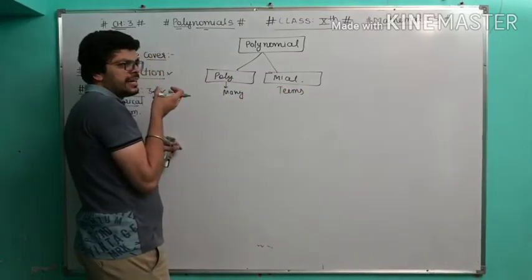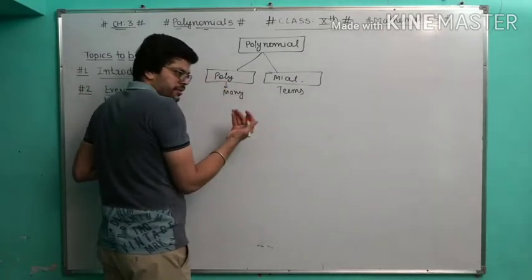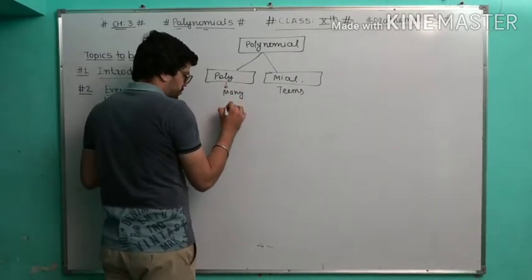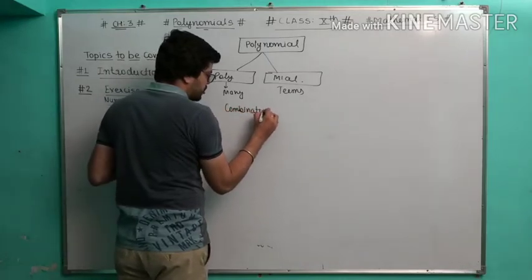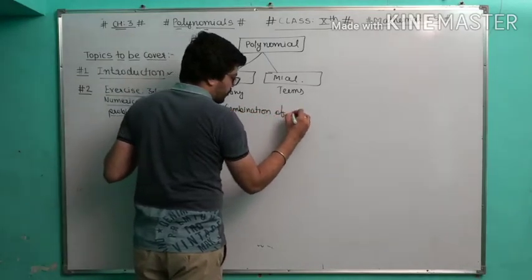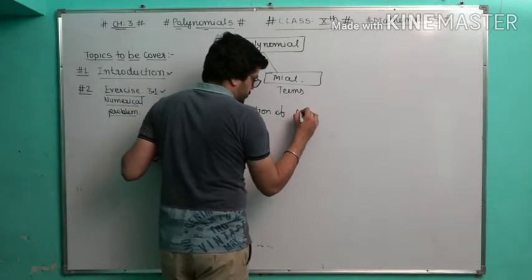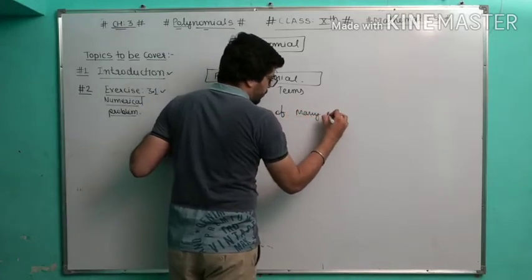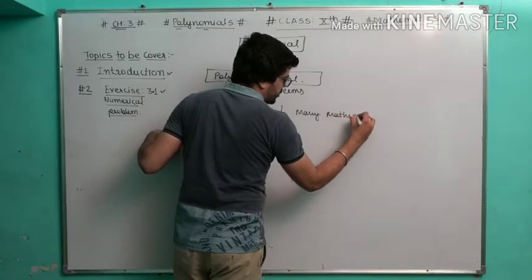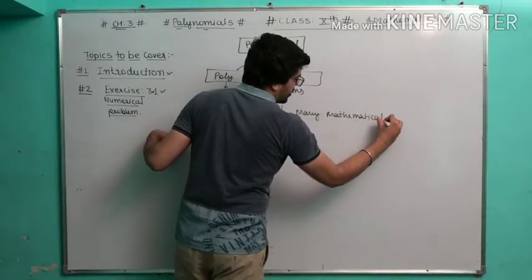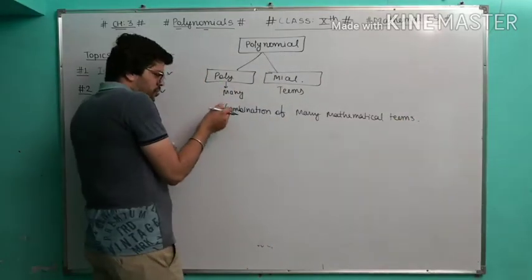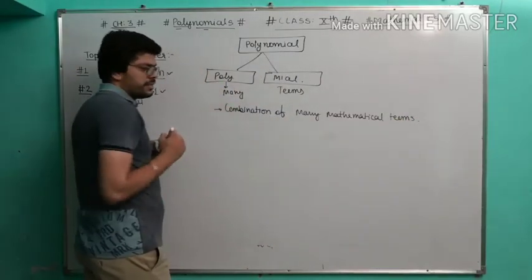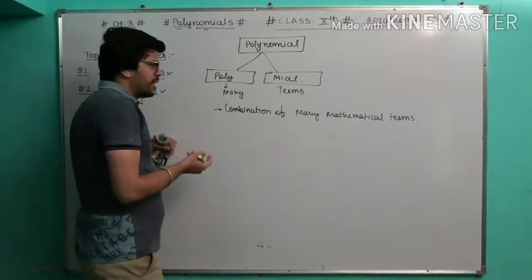What is the easy understanding of polynomial? I can say a combination of many mathematical terms is called a polynomial. But this is only a definition for understanding.